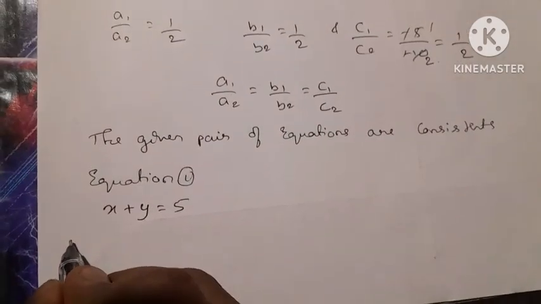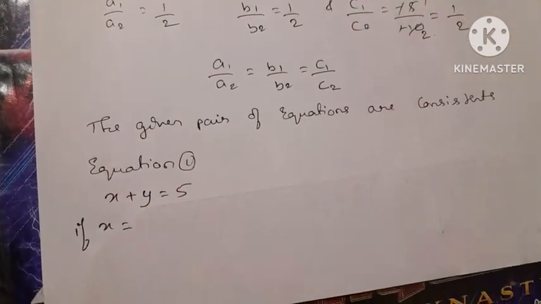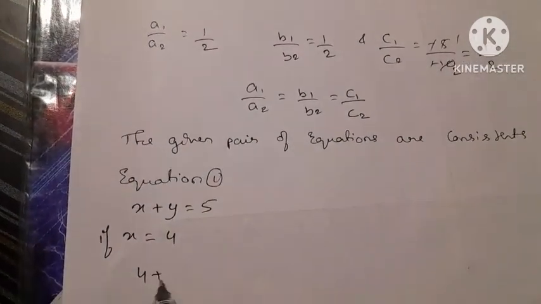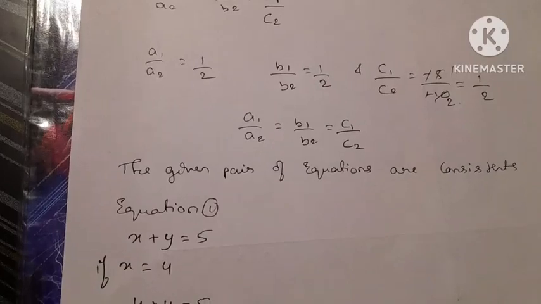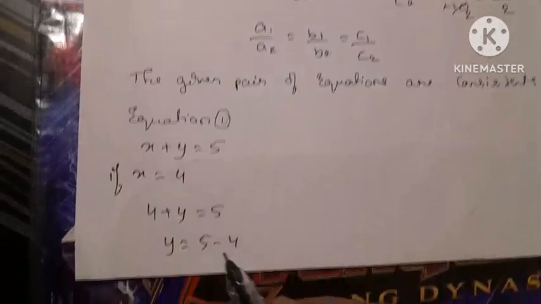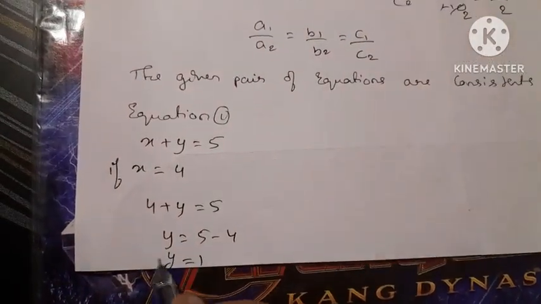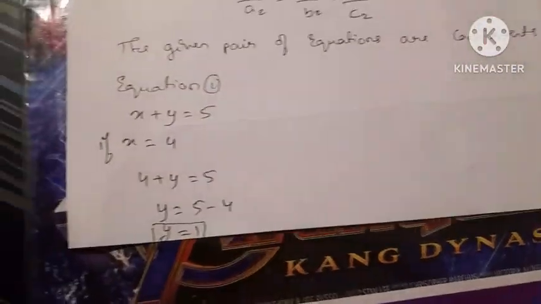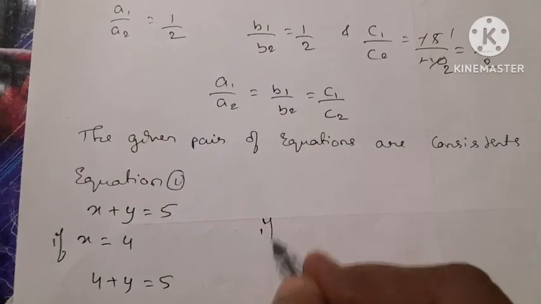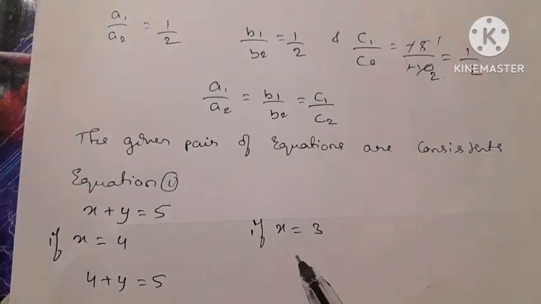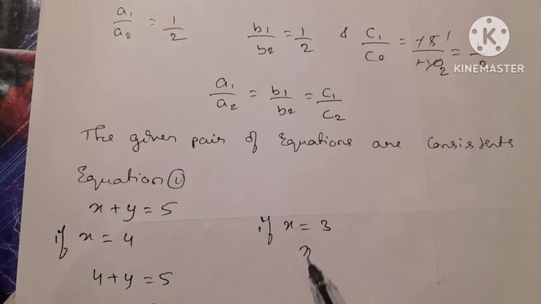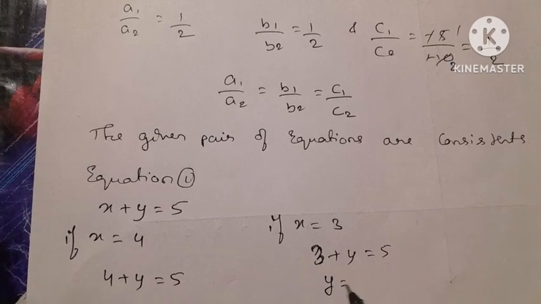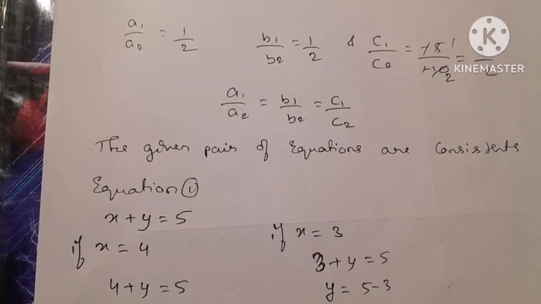Now in this condition, if x is equal to 4, then 4 plus y equal to 5, y equal to 5 minus 4, y equal to 1. Similarly, if x is equal to 3, then 3 plus y equal to 5, y equal to 5 minus 3, y equal to 2.